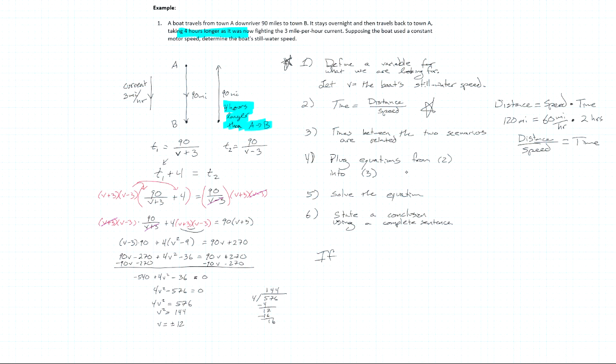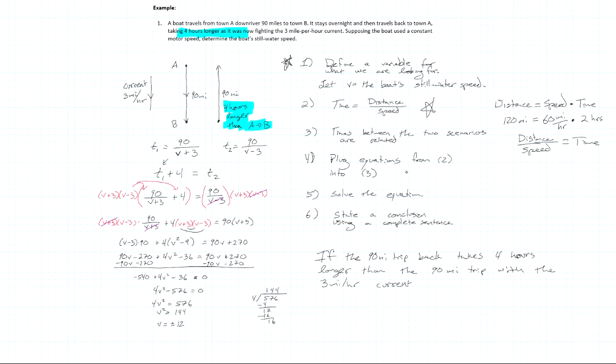I'll say if the trip back takes 4 hours longer, if the 90-mile trip, we'll be specific here, 90-mile trip back takes 4 hours longer than the 90-mile trip with the current, with the 3-mile-per-hour current.